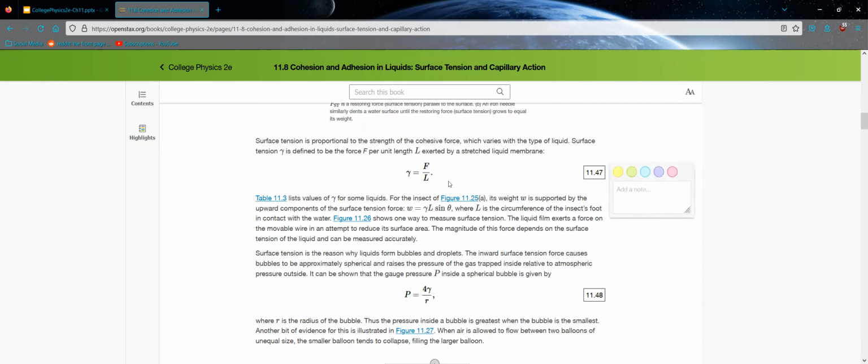This Greek letter, I can never remember what it's called, is directly related to the force you're applying. Surface tension is related to the force you're applying, and the area or the length or some unit of displacement measurement that you're trying to pierce through.